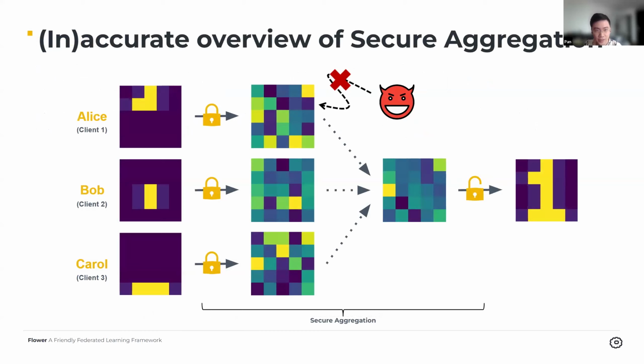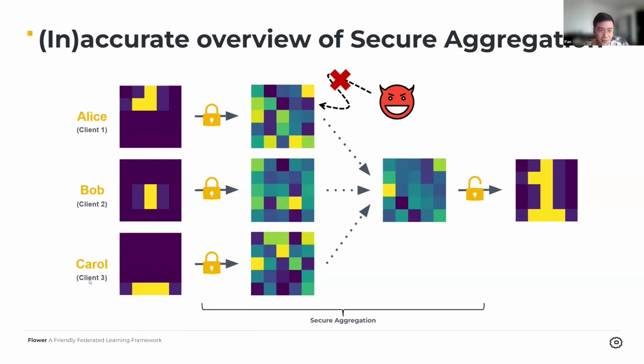So here's a not very accurate overview of secure aggregation. Say we have 3 clients on the left-hand side, Alice, Bob, and Carol, and each of them holds part of the model update. They look like part of a digit 1, but it's just for illustration purposes. In reality, model parameters won't look like this.